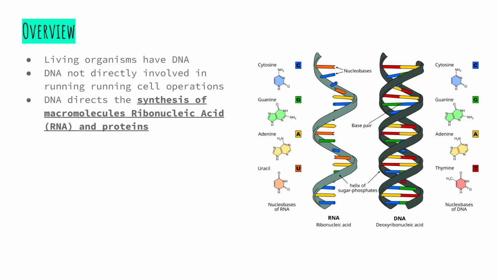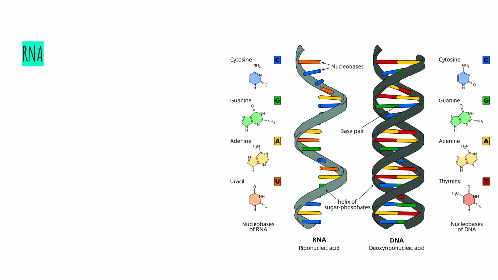It is actually the synthesis of macromolecules, ribonucleic acid, and proteins. This is what DNA directs. So those genes, they code for our RNA, which helps make our proteins. These are the macromolecules that carry out the cell's biological function.